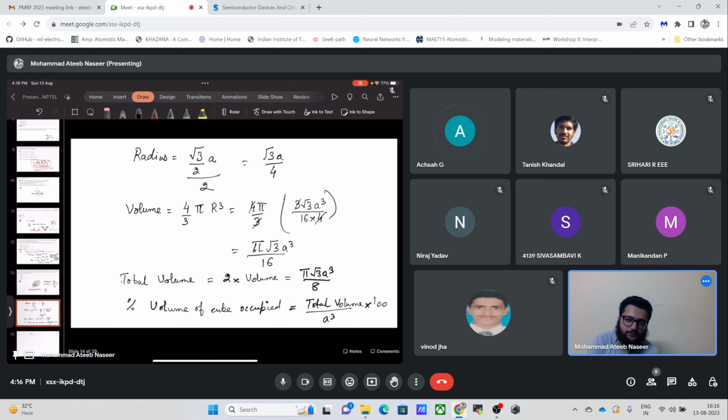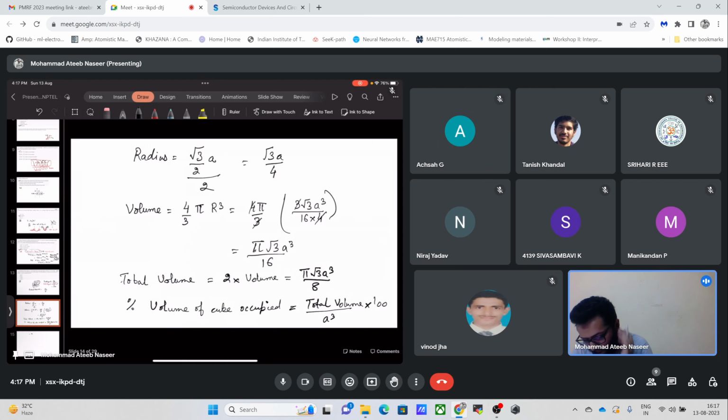When we divide the whole value by 2 and there is already a denominator, it is root 3 by 2 a multiplied by 1 by 2, it is just the half. Okay, thank you, sir. Okay, fine. No problem.